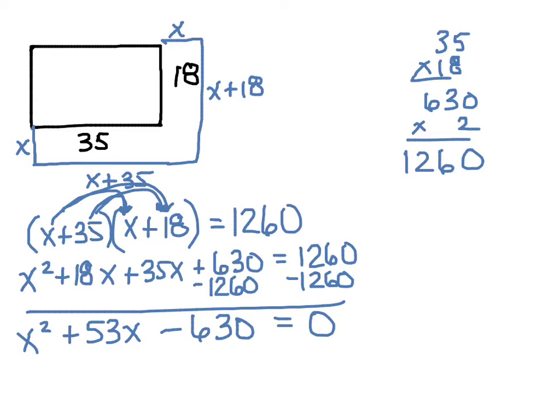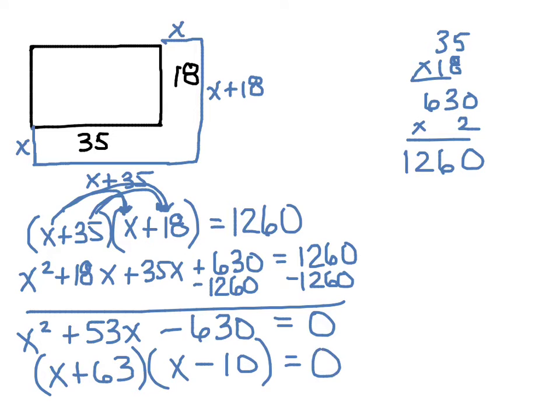If I subtracted them, right? So x plus 63, x minus 10. Because if I multiply 63 times negative 10, I get negative 630. But when I add them, I get positive 53. Does that make sense how I reasoned that out? Okay, and just thankful it worked for us.